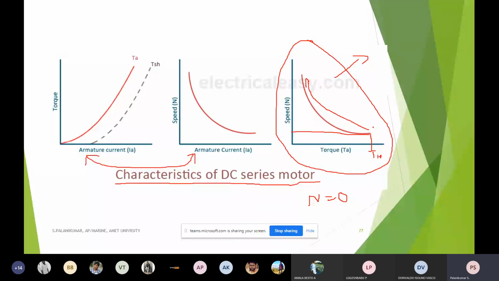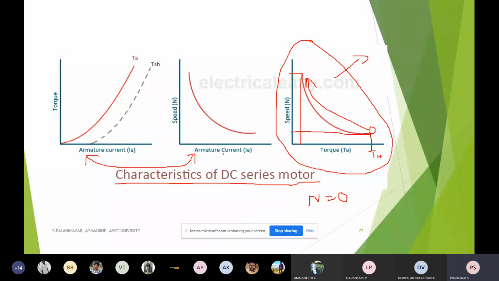Initially at starting, the motor produces very high torque, and whenever we want to increase the speed, the torque gradually decreases, and after some time the torque is very low at high speed.